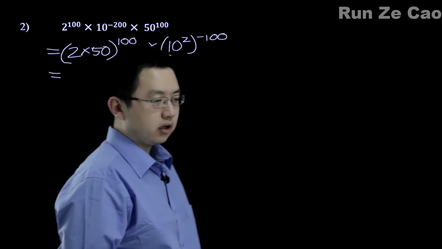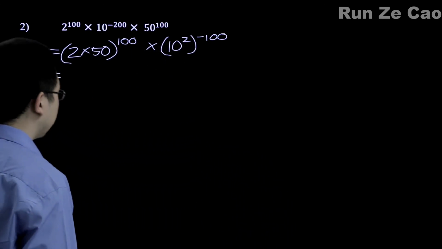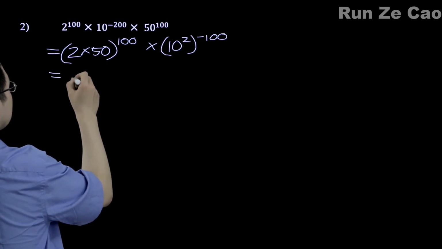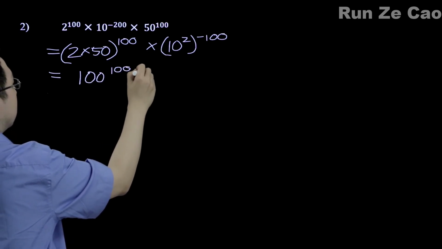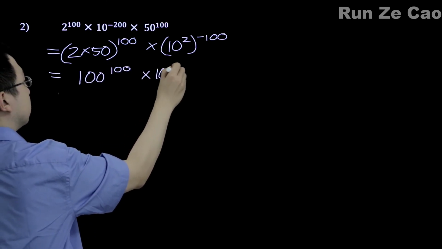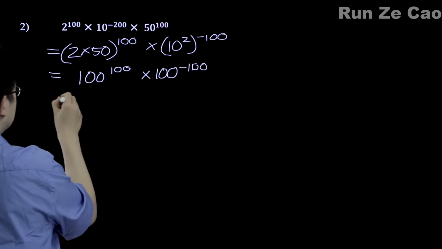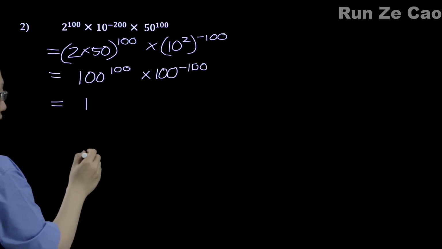This you can't use your calculator for because of the number of digits that calculators can tolerate, which is not this much. So this is 100 to the 100th times 100 to the negative 100th, which equals 1. This all cancels out.